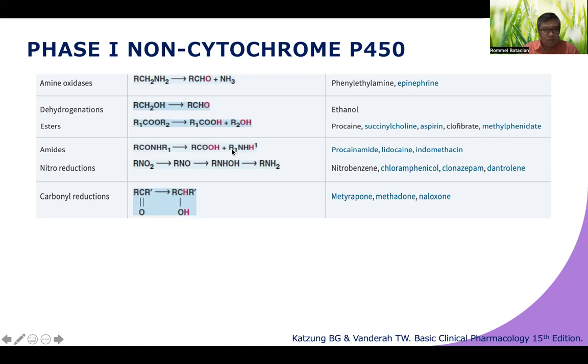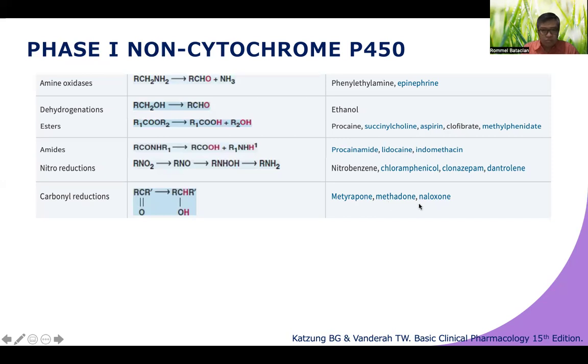There's also the addition of a hydroxyl group, such as in lidocaine, which is an anesthetic, and indomethacin, which is an NSAID. There could also be nitro reductions, as you can see here. Some examples would be chloramphenicol, which is again an antibiotic, and clonazepam, which is an antipsychotic medication, and carbonyl reductions, meaning an addition of hydrogen in the oxygen side chain.